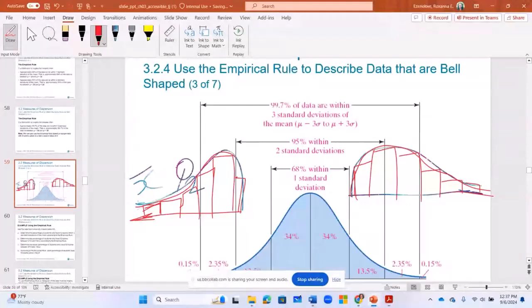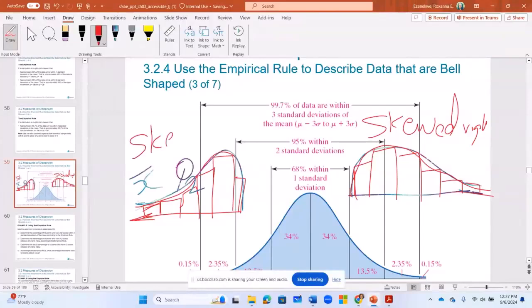So whenever a distribution has a tail at the right, you will say it is skewed right. Skewed right, R-I-G-H-T. And this is skewed left.